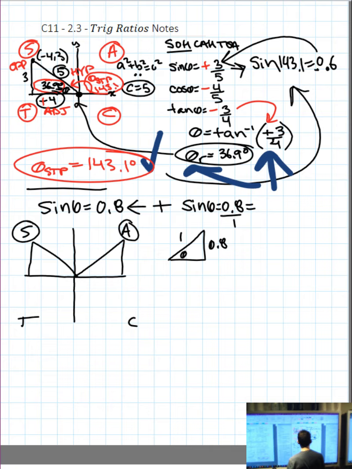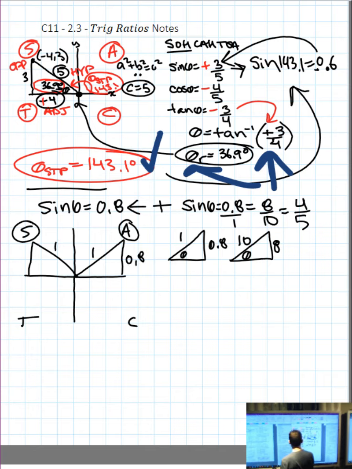But the fraction above can also be written as 8 over 10. And we could also have a similar triangle with theta and an opposite of 8 and a hypotenuse of 10. Or we could simplify that fraction and have an opposite of 4 and a hypotenuse of 5. They're all similar triangles with the same theta, so it doesn't matter. So I chose 1 and 0.8, and again 1 and 0.8.